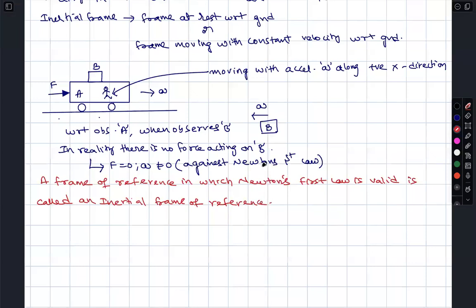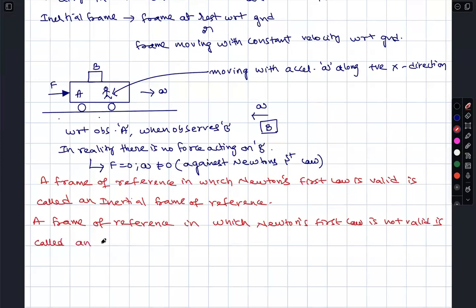A frame in which Newton's first law is not valid is called a non-inertial frame of reference.